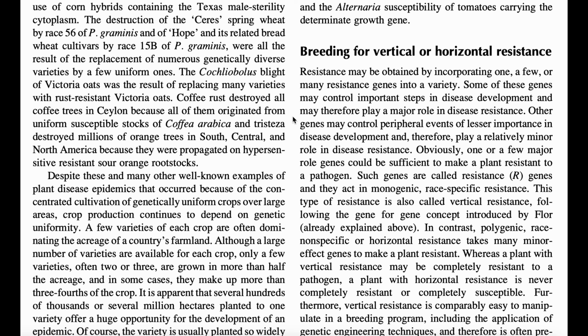Okay, don't forget it. And it can make the plant completely resistant. It is called complete resistance, whereas horizontal is partial. I'll come to that point. There are a few limitations of vertical resistance: it is short-lived and often breaks down when the pathogen mutates or a new race of the pathogen appears, and it has a high risk of sudden epidemics if resistance fades.